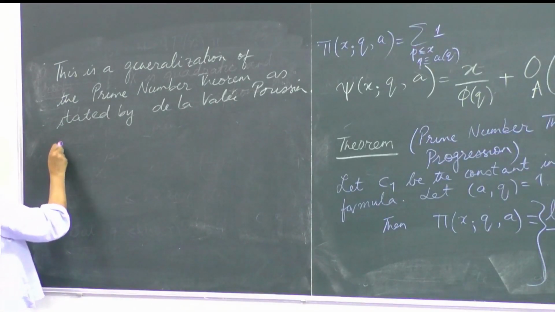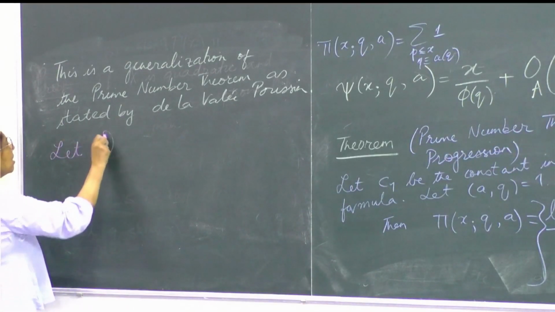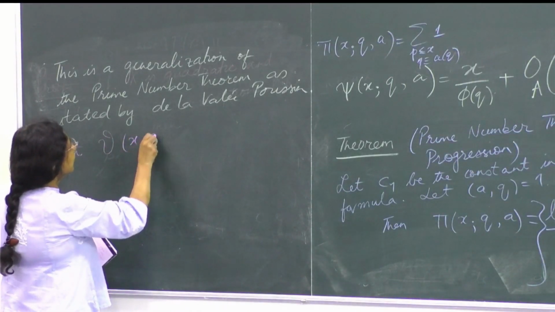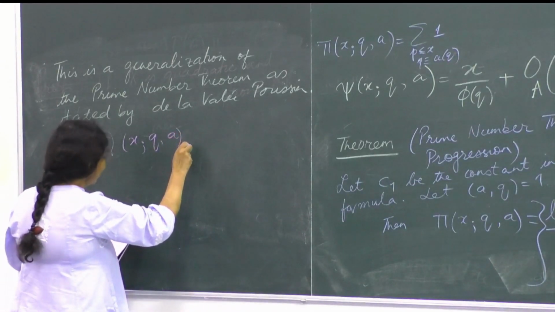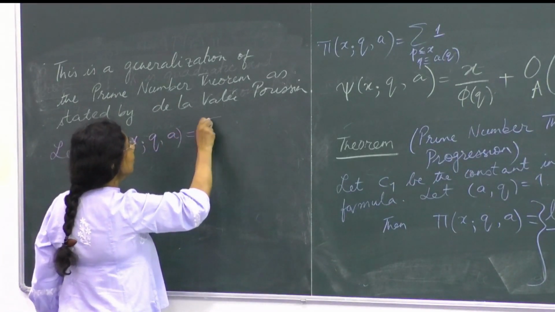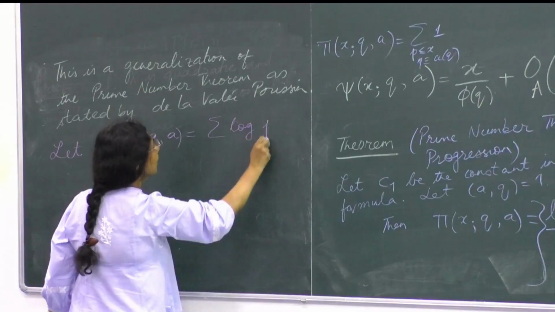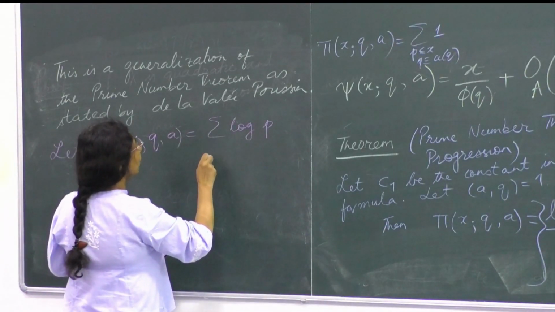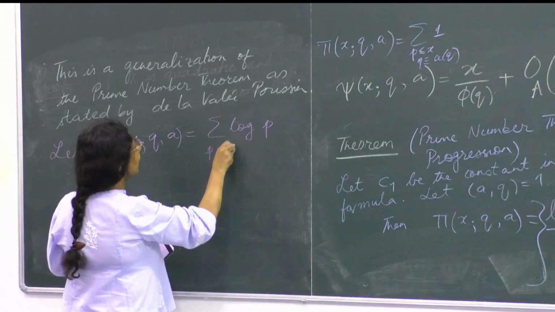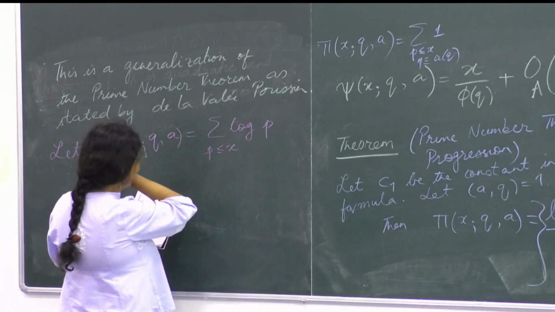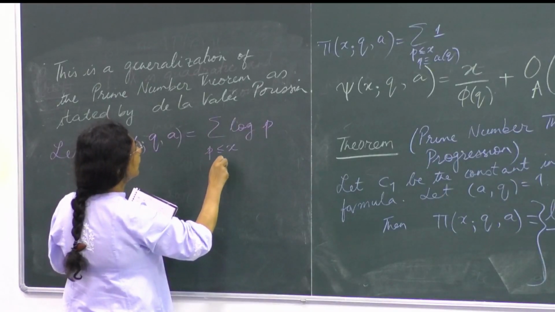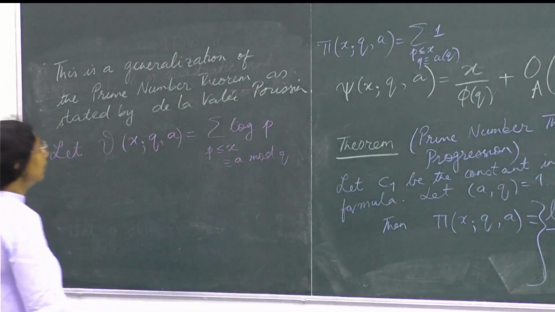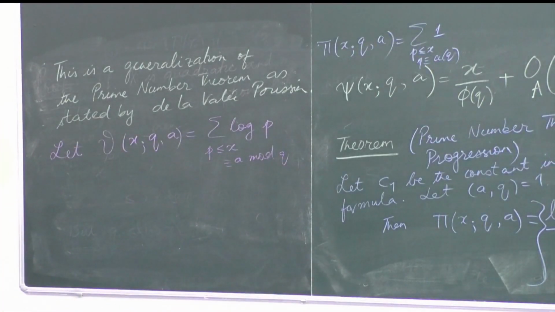So let theta of x; q, a be equal to, instead of lambda n, we take the sum of log p, where p is less than or equal to x, and you have a congruence condition: p is congruent to a mod q.